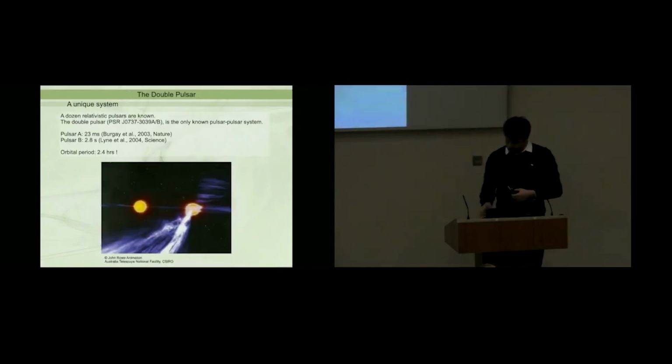And so let me just explain that with this poster child, which we call the Double Pulsar. It was found by colleagues of mine based at Manchester and also elsewhere in the world in 2003. So they first found this new pulsar, which spins at 23 milliseconds.